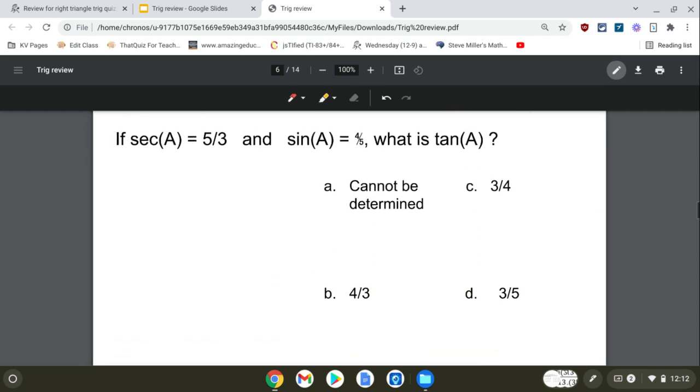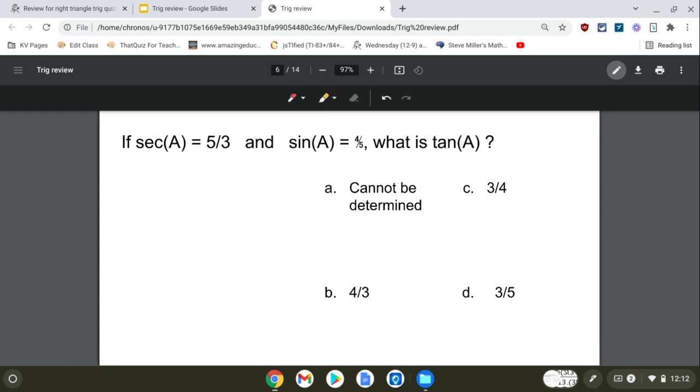They're giving us secant and they're giving us sine, and they want us to find tangent. If I take secant and think about its reciprocal, which is cosine, that's going to tell me cosine is equal to 3/5. And I already know sine. The other definition for tangent is just sine over cosine.